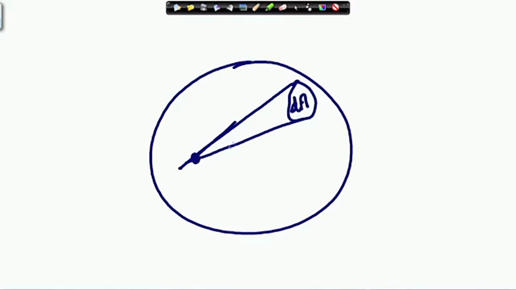So, how much solid angle it is putting at the center, that is d omega. So, what is the relation between these two? For that I will remind you that what is the value of dA in the spherical coordinate? It is r square sin theta d theta d phi.